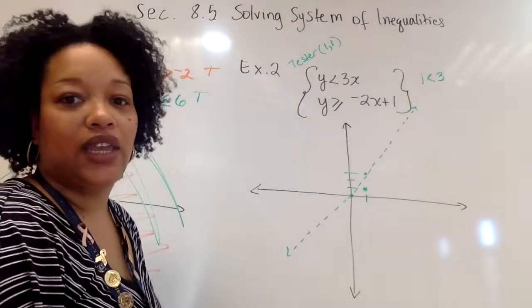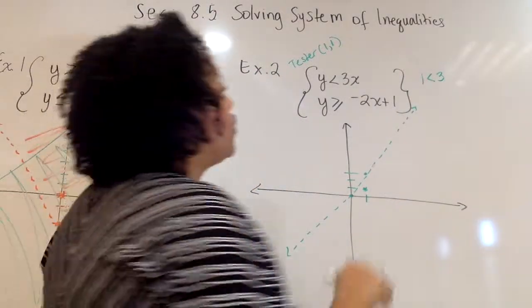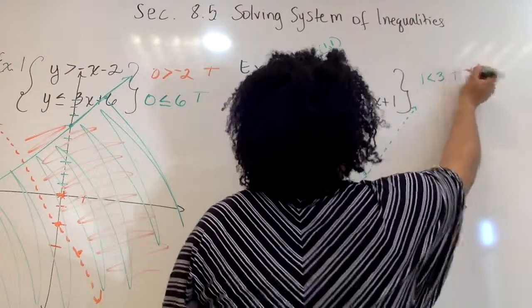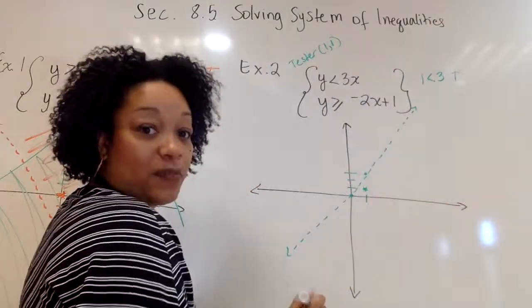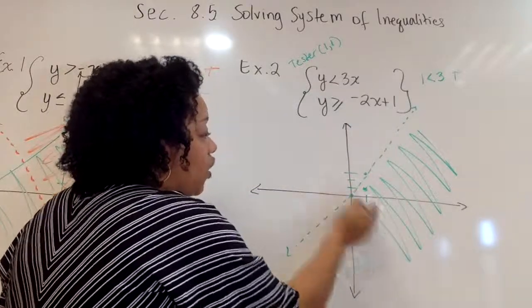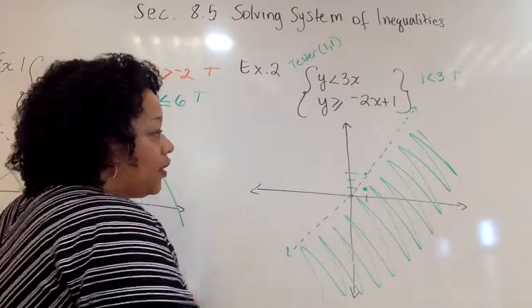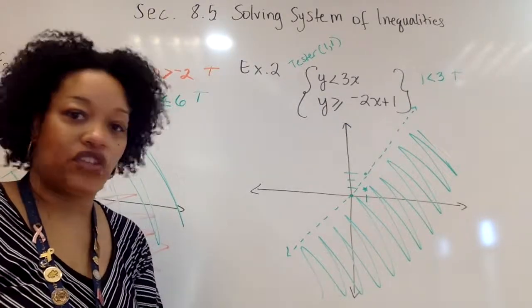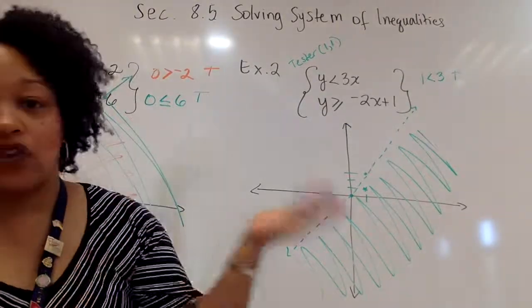Is that a true inequality? Why, yes, it is. So if 1 is less than 3, that means that my tester is part of the solution. So we are going to shade below that first boundary line. Okay, so you shade below it. And you're ready to go to the next one.